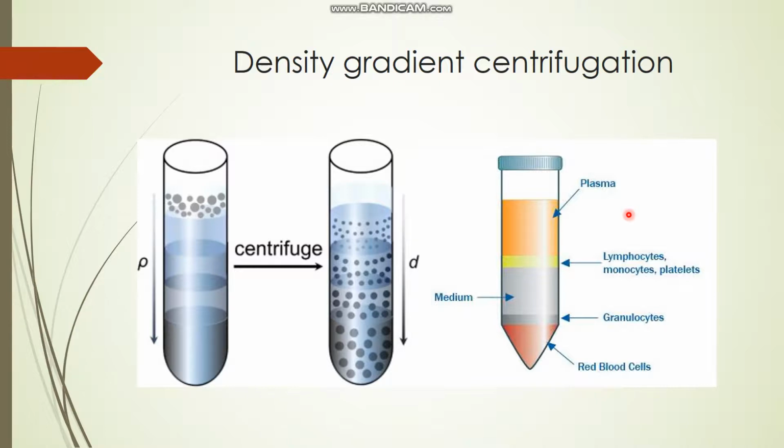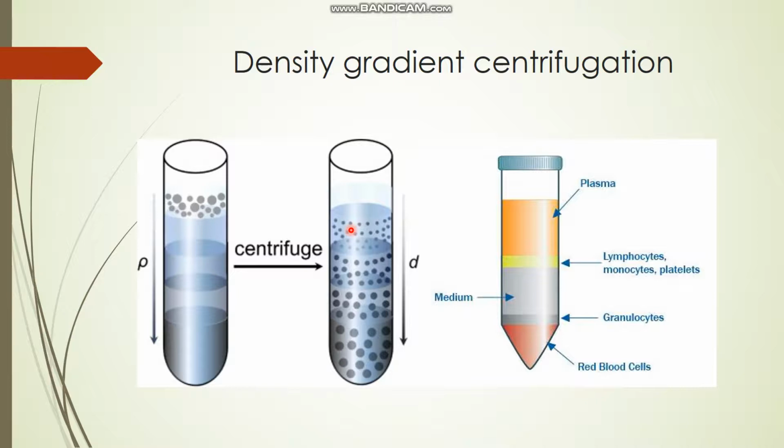So you can see here we are doing density gradient centrifugation and we separate them in layers. This is a tube and we put it in the centrifuge, and what we get, you can see here, these particles, these and these are the same.